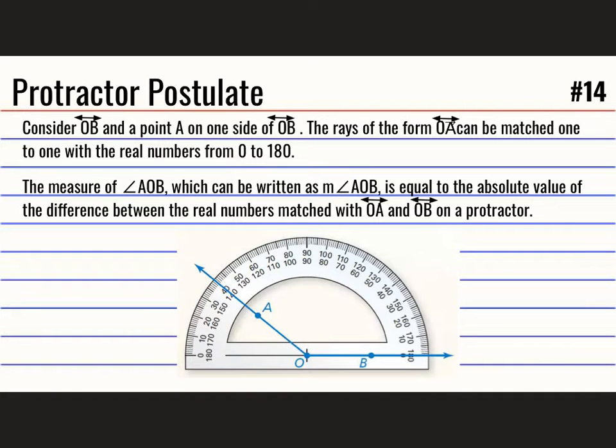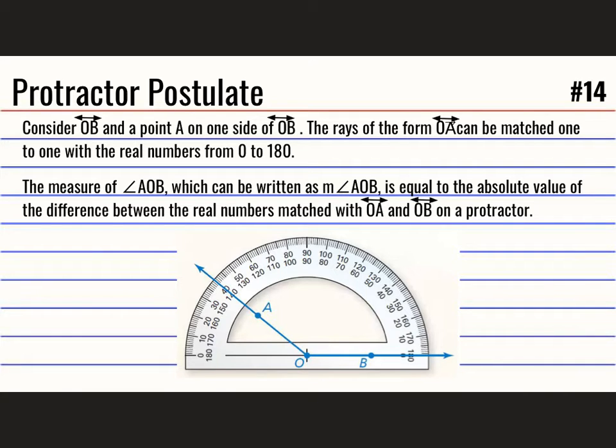So card number 14 is a protractor postulate, and it says, consider ray OA and ray OB and a point on one side of line OA. The rays that form OA can be matched 1-to-1 with the real numbers from 0 to 180 degrees. So the measure of angle AOB, which is written with an M to signify measure of angle AOB, is equal to the absolute value of the difference between the real numbers matched with OA and OB.